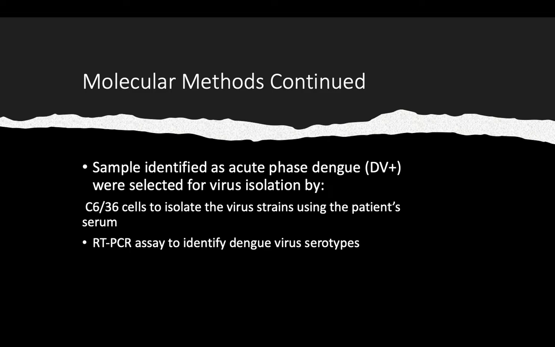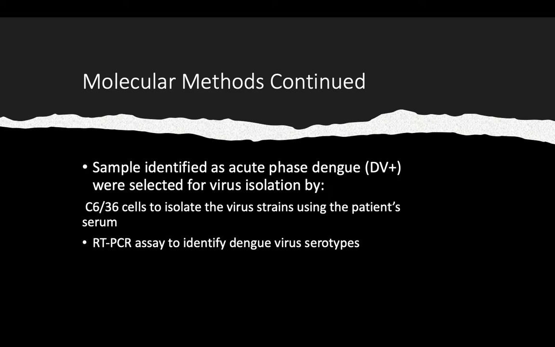These cells were then isolated using virus strains from the patient's serum. This technique was done using the cell line C6/36, and it is a resource for the detection, amplification, and analysis of mosquito-borne viruses, including Zika, chikungunya, as well as dengue.